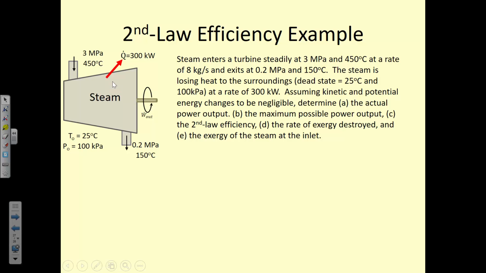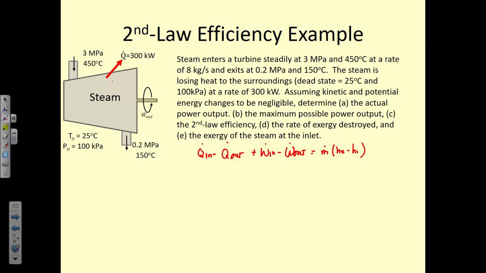Okay, so the first thing that we need to do is perform the energy balance. For a steady flow device, it's just Q dot in minus Q dot out plus work dot in minus work dot out is equal to m dot times H2 minus H1.